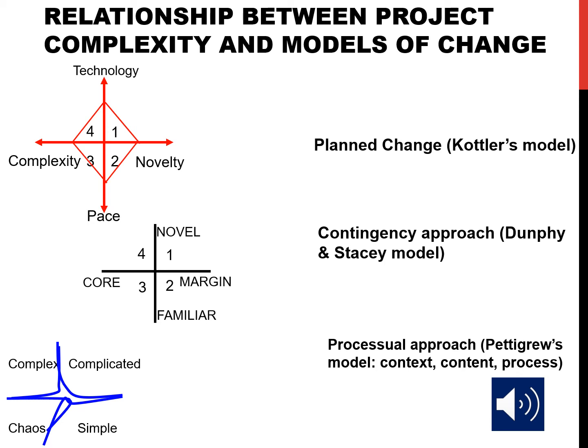Now, a contingency approach, that is the Dunphy and Stacey model, is different. The contingency approach means, or it is related to those models of complex projects in terms that we can use, for example, a participative evolution strategy or the forced evolution strategy in projects that fall in quadrants 1 and 2 of the 8-feature model.